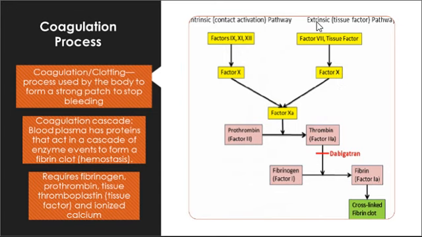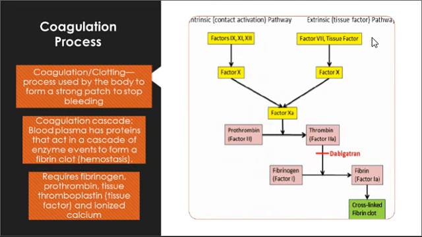So if you see here, you have extrinsic and intrinsic pathways. The extrinsic over here says tissue factor because it is triggered by tissue injury. So your extrinsic is damage to tissue that leads this process.